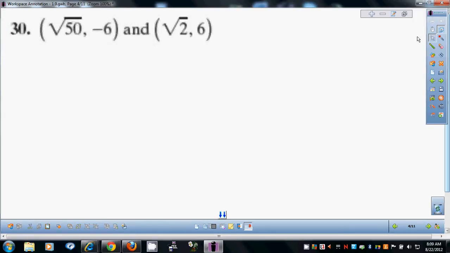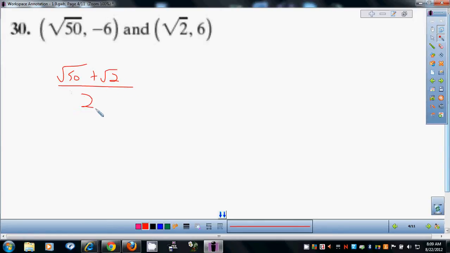All right, x2 plus x1. Now, radical 50 plus radical 2 over 2. Your test is going to leave it in radicals. It's not going to put it in decimals. Is there any way that we can break down radical 50 so that it's something times radical 2? Yeah, that's the same as square root of 25 times square root of 2.